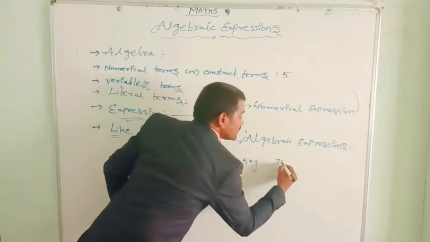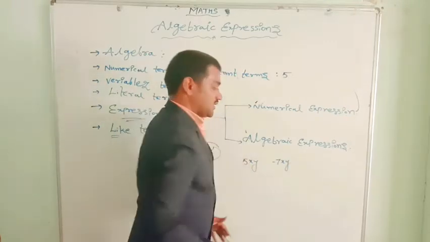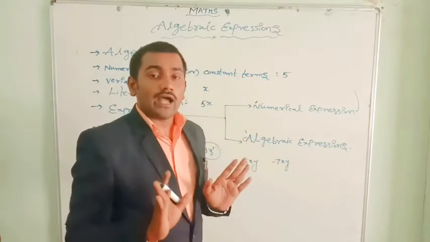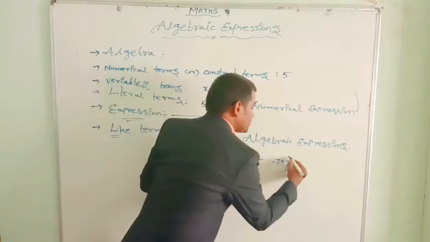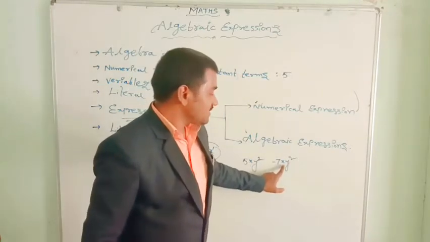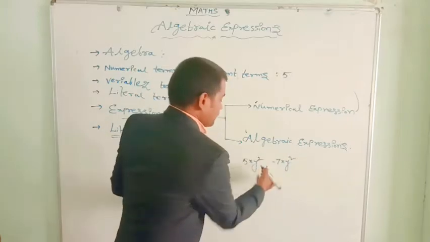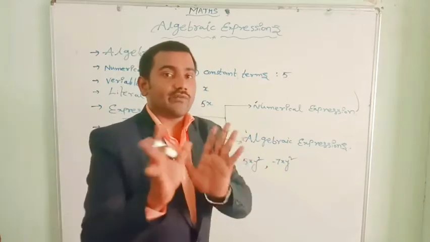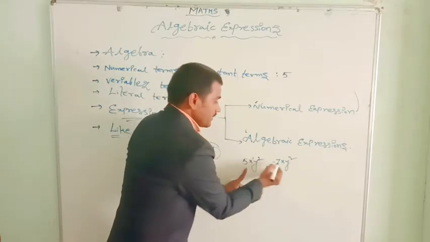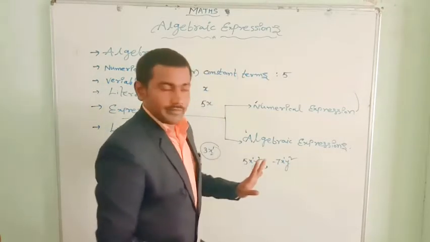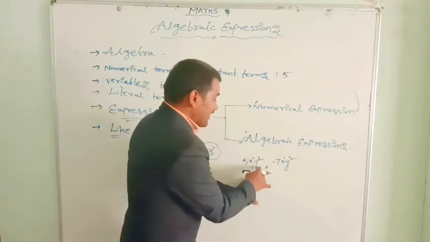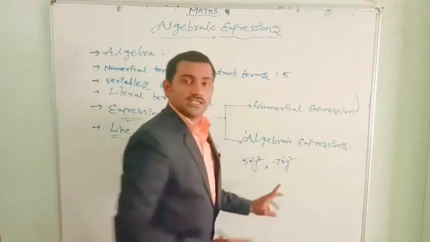5xy, 7xy, minus 7xy, whatever. Either they are plus or minus, no matter. Let's take this example: 5xy square, minus 7xy square. Let's see, do they have the same variables or not? x and x: x exponent is 1, x exponent is nothing but 1, so the x exponents are same. y and y same: y exponent is 2, y exponent is 2.